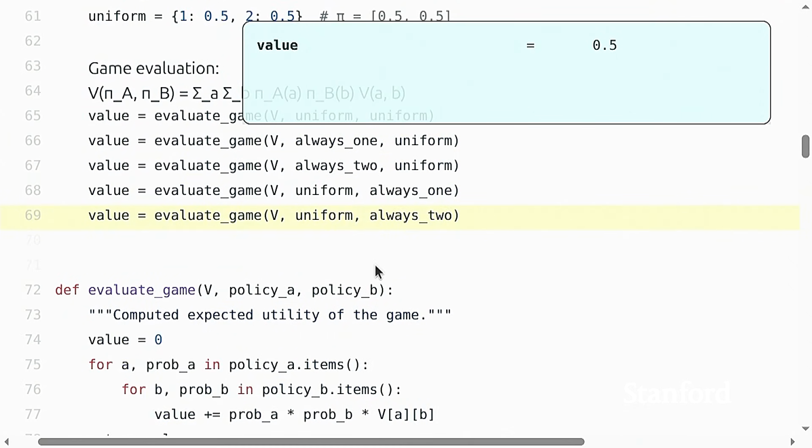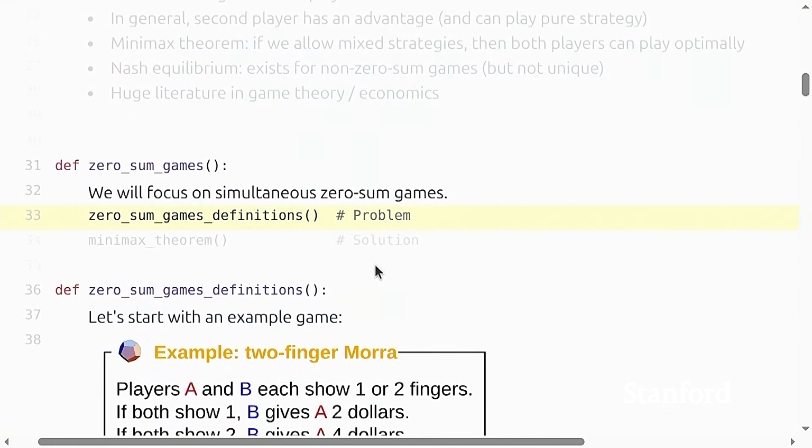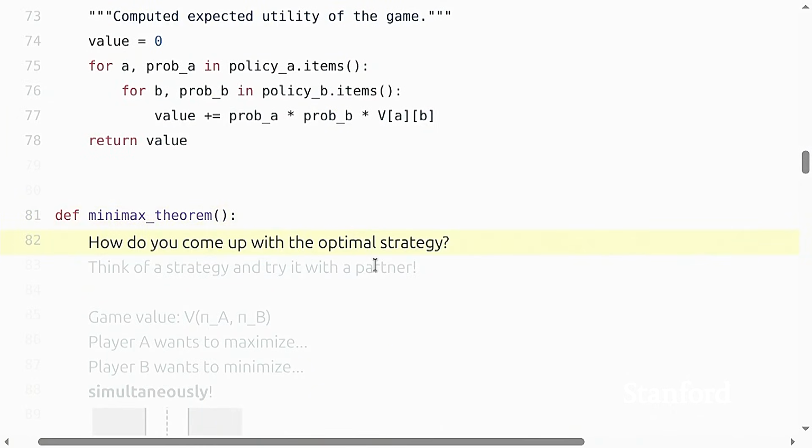Okay, so in some sense, it's much simpler than having states and actions and transitions and rewards and discount factors. But the solution is actually more subtle here because of the simultaneous nature. All right, so how do you come up with the optimal strategy here?